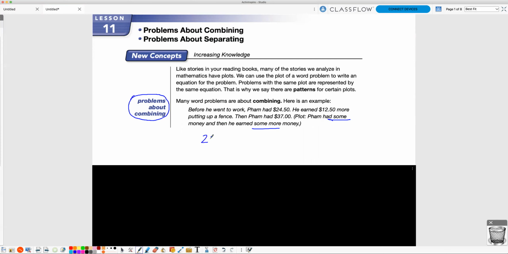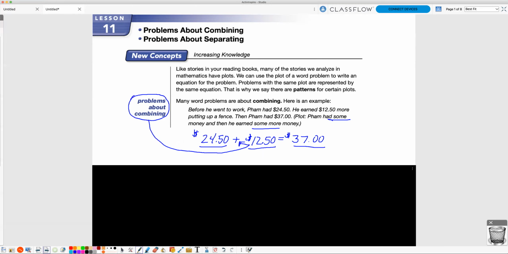So if he had $24.50 and he earned $12.50 more, we know that he had at the end of the day $37 after putting up the fence. So he had some and he earned some more, and it equals the total in the end. So this is a problem about combining. It has an addition pattern.